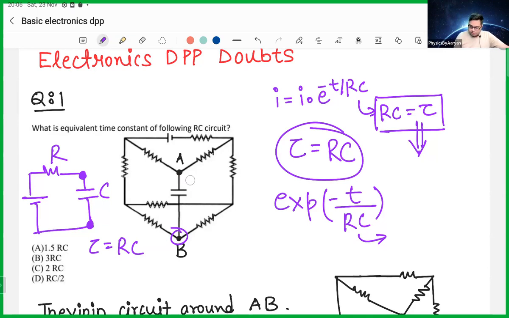So I will choose these 2 points and I want to do a Thevenin circuit around the point AB. Basically, I want to know what is the resistance between A and B. What is the net resistance connected between A and B. Okay? So I need to do the combination of the resistors.